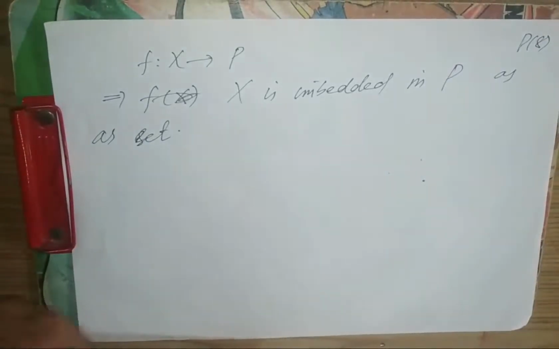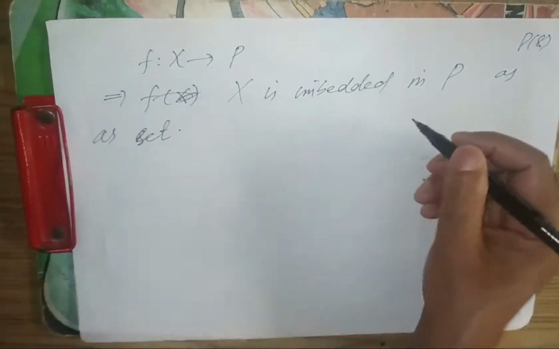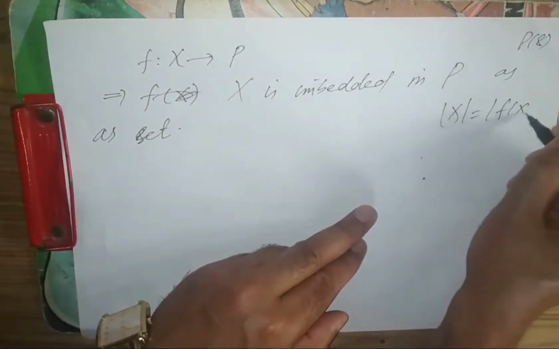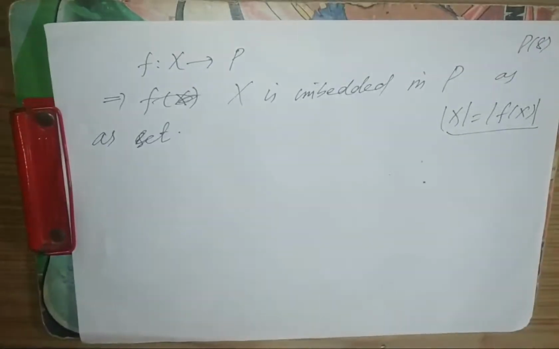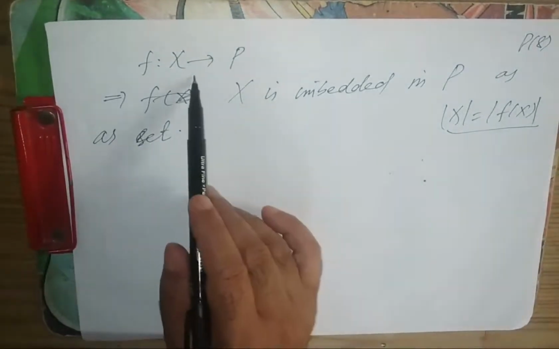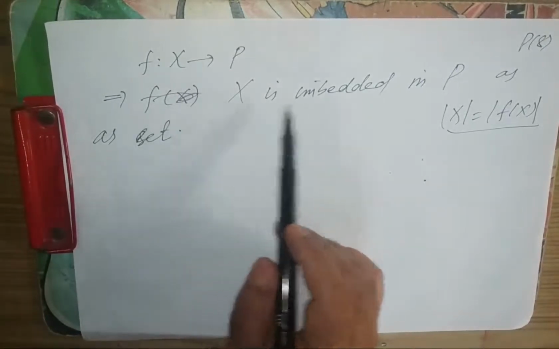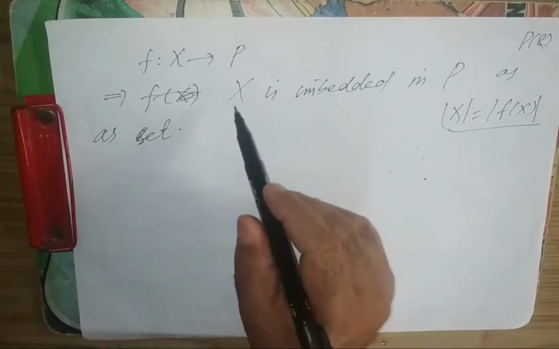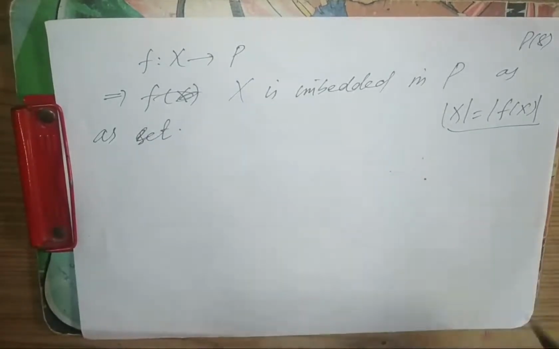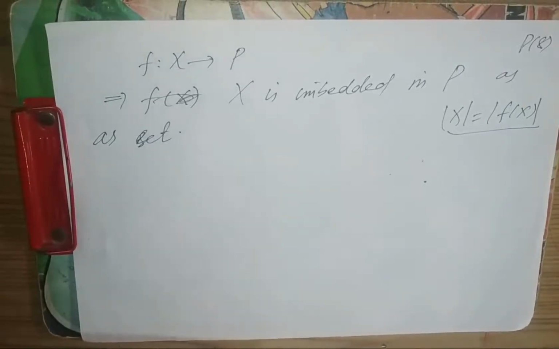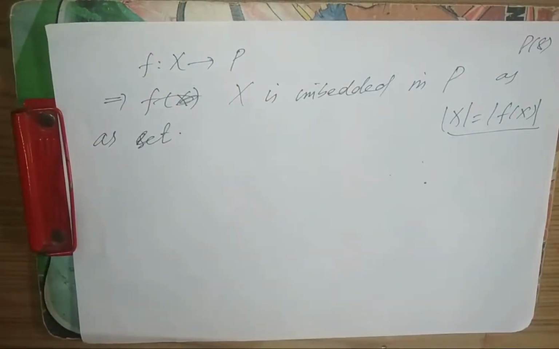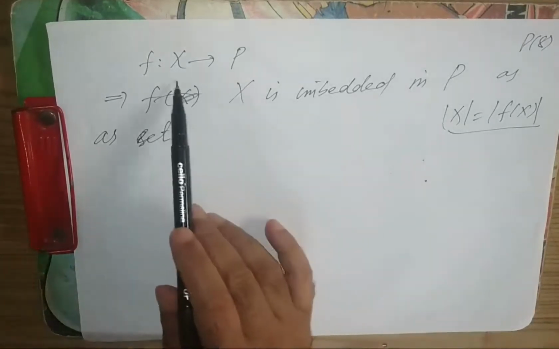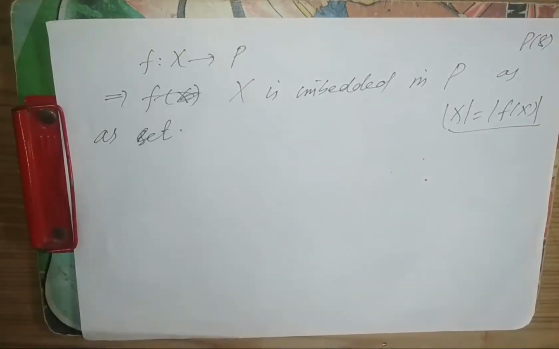Or you can see the cardinality of X is the same as the cardinality of f(X) as sets. They are the same in terms of cardinality, but we need to show that X is embedded in P as a topological space. So that means we need to show that X and f(X) are the same as topological spaces. That's what we need to verify.